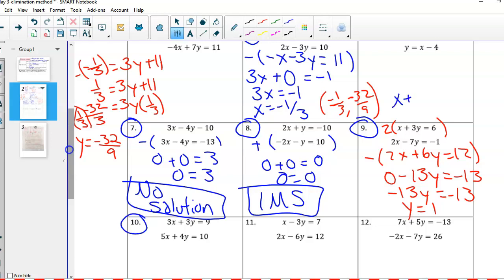So x plus 3 times 1 equals 6. x plus 3 equals 6. What does x equal? 3. So (3, 1) is our answer.